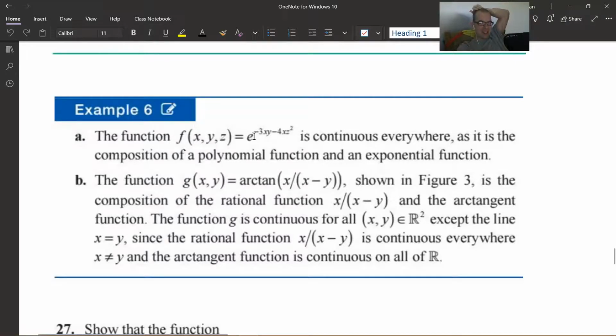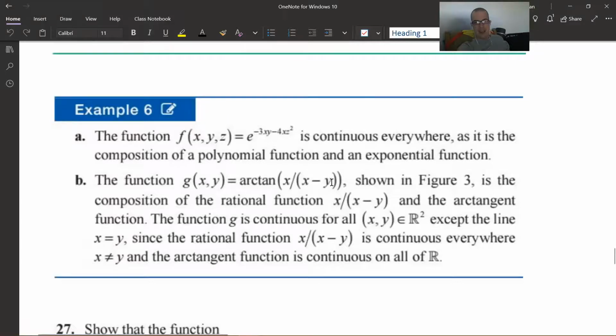But since this is an exponential function, and inside the exponent it's just a polynomial, a polynomial is going to be continuous everywhere, and an exponential function will be continuous everywhere. So the composition of both of those things is continuous.